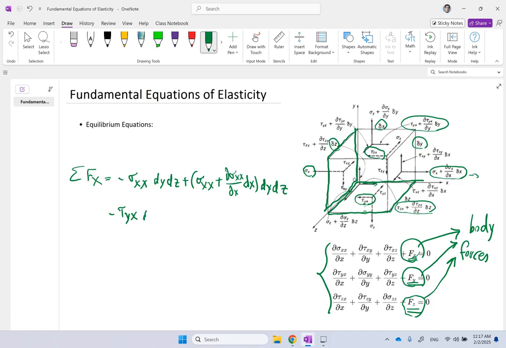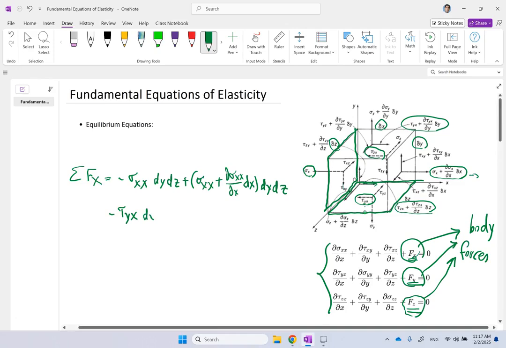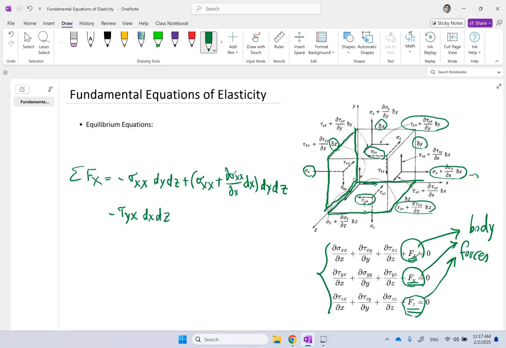So this is going to go dx times dz. The counterpart of that is this force here on this top, which is plus, you see it's in this direction, tau yx plus partial of tau yx with respect to y dy times the area of the top surface, which is the same as the bottom surface, and that is dx dz.